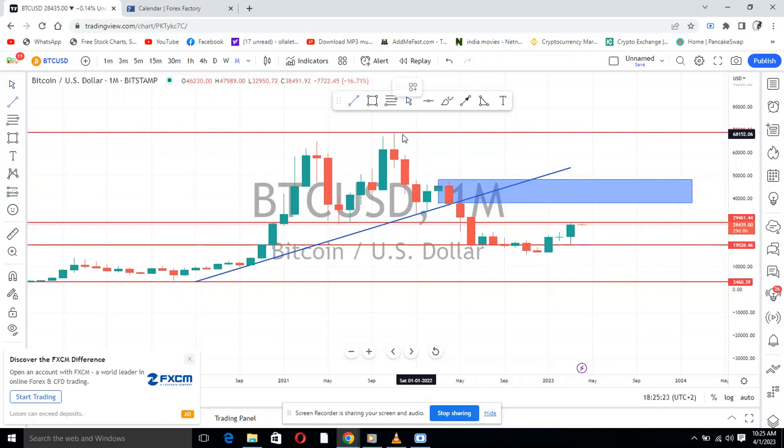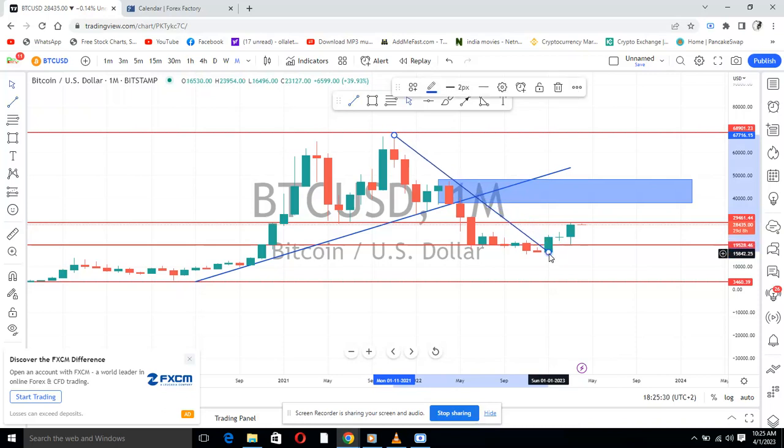From this point of view, you can still see another piece of information here. This is another key piece of information. By the time we switch to the lower time frame, you agree with me that you can see this one again: price broke a trend line, a breakout, and it has not done a successful retest.